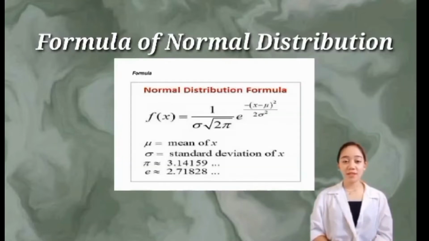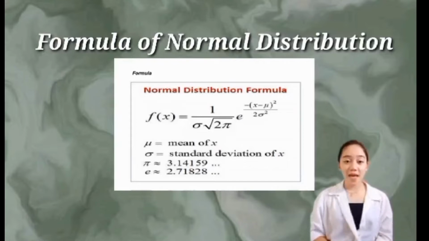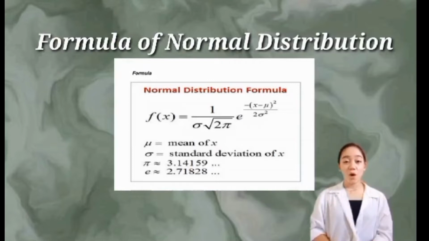As you can see on the screen, the formula is f of x equals 1 over sigma times the square root of 2 pi, times e raised to the power of negative the quantity x minus mu squared over 2 sigma squared, where x is the random variable, mu is the mean of x, sigma is the standard deviation, pi is approximately equal to 3.14159 and so on, and the symbol e, the base of the natural logarithm, is approximately equal to 2.71828 and so on.